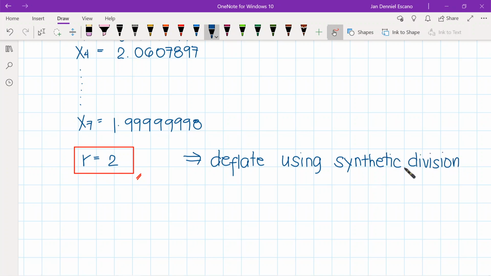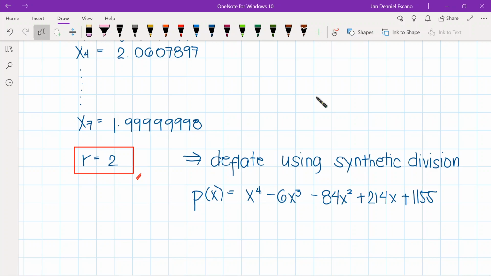I'll just show the deflated equation. So now the polynomial becomes x to the fourth minus 6x cubed minus 84x squared plus 214x plus 1155. And then restart Horner's method. Okay, we use again Horner's method.